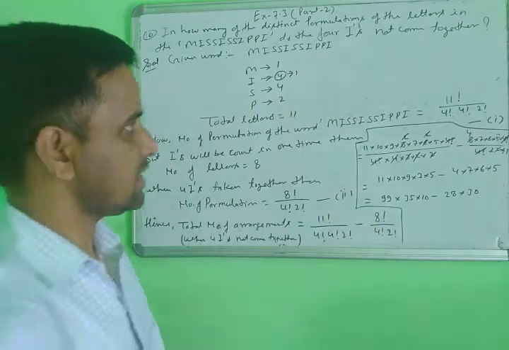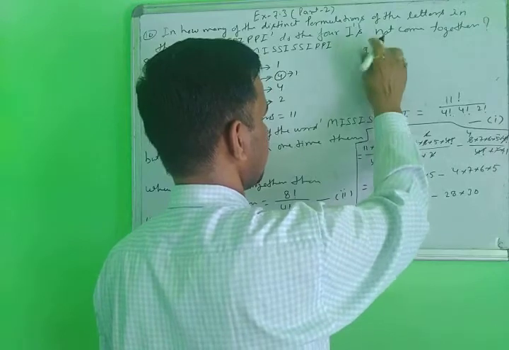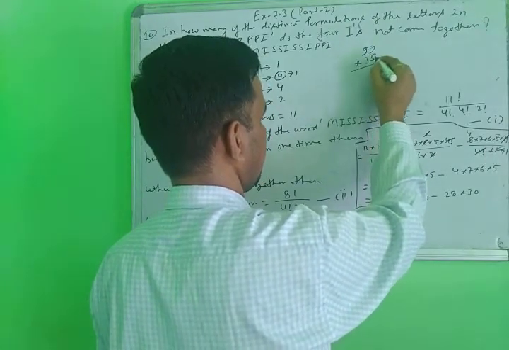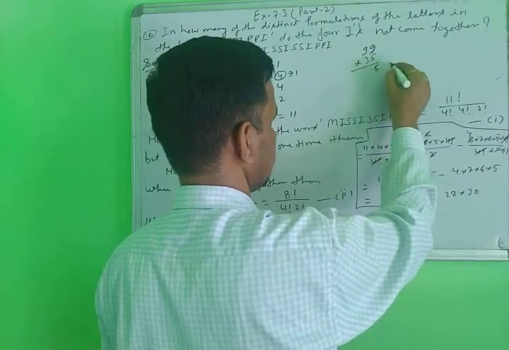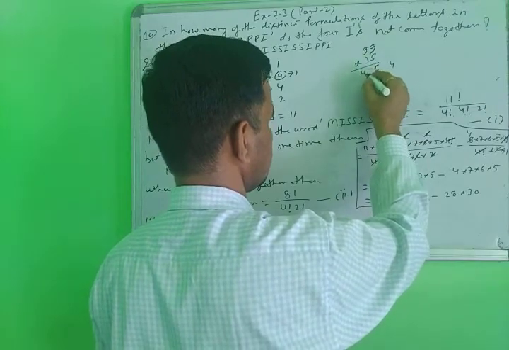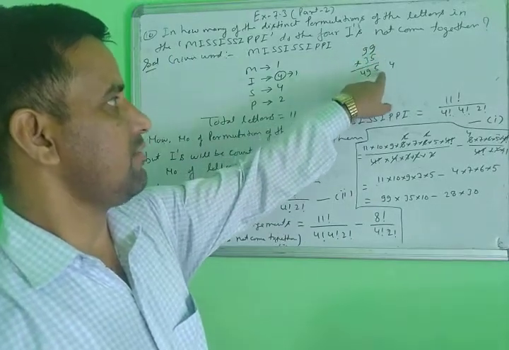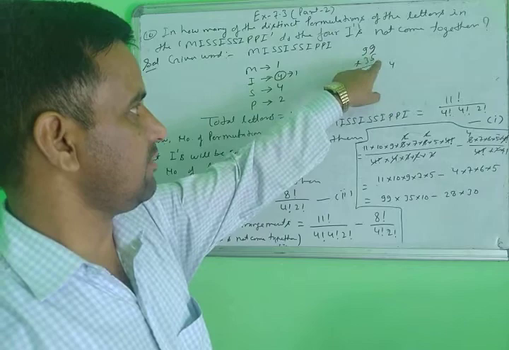Then you calculate 99 into 35. 5 times 9 is 45, write 5 carry 4, and again 9 times 5 is 45.